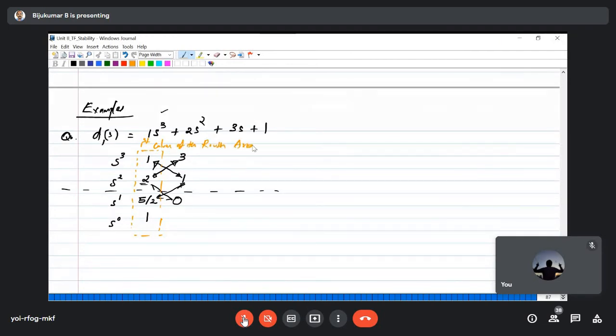So what is the observation from this? Is there any sign change in the first column? No, right? Yeah, because this is plus, this is plus, this is plus, all the values are positive only. That is, the number of sign changes is equal to 0. So what is the meaning of that?